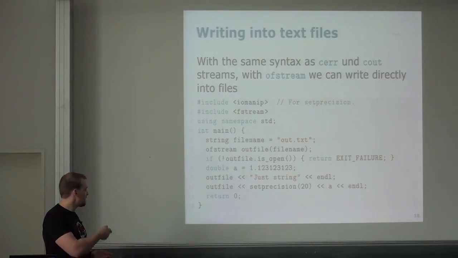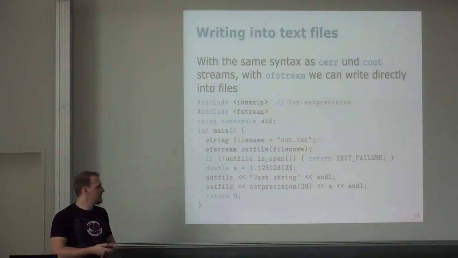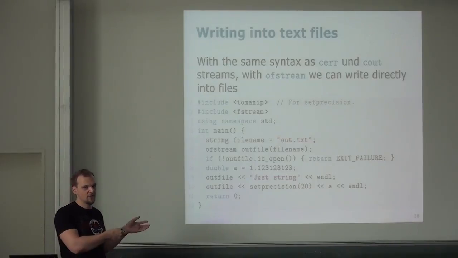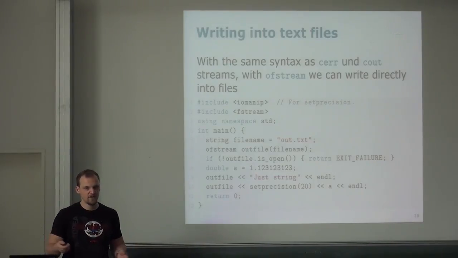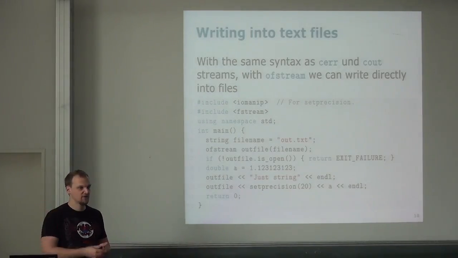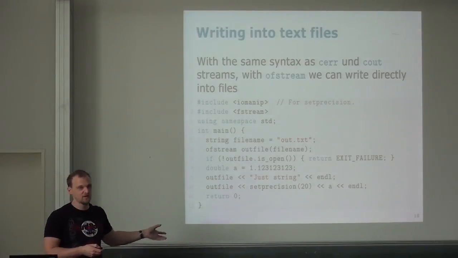So we create an ofstream object, outfile, and we give it a file name. Some file name, it doesn't matter which one. Then we can check if it's open. That's a good idea to do. If it's not open, we can return EXIT_FAILURE or any integer, actually any integer from 1 to say 255. It's going to be an error because we want to say that our program has failed.